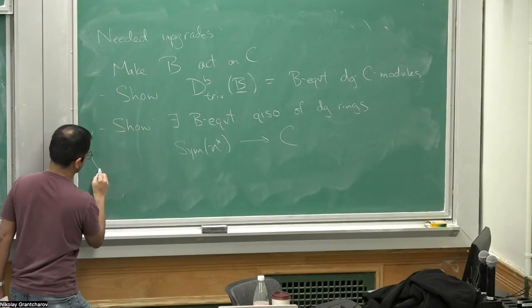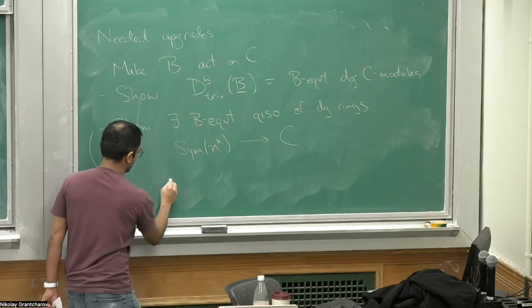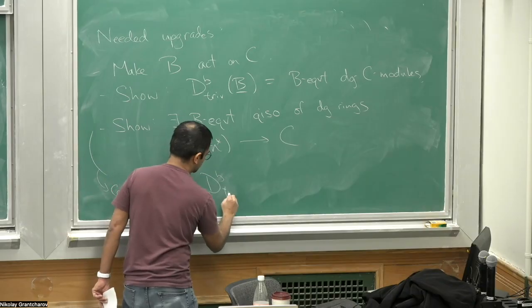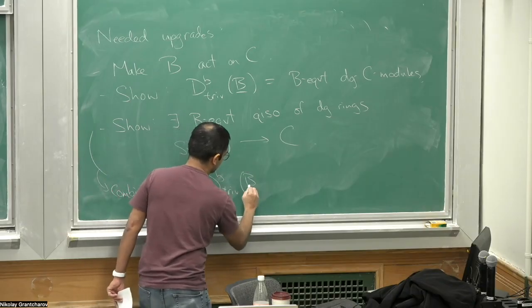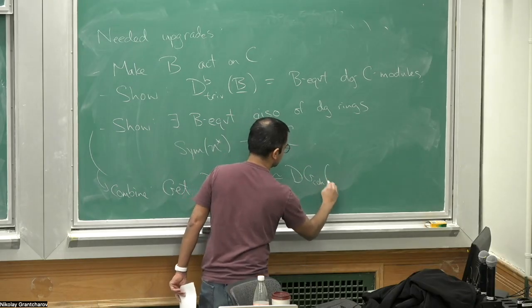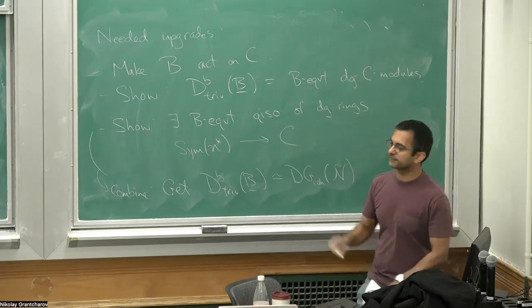So when you combine these, you get dB triv underline B is equivalent to eco and tilde. So this is a bit of a different flavor from the others.